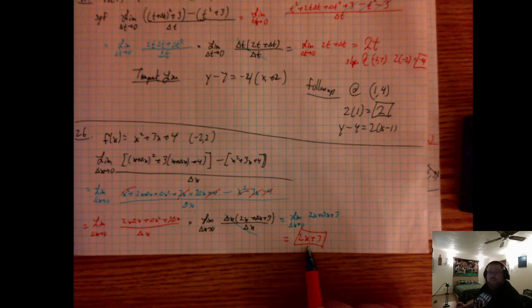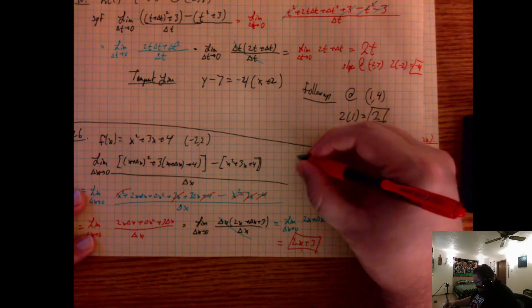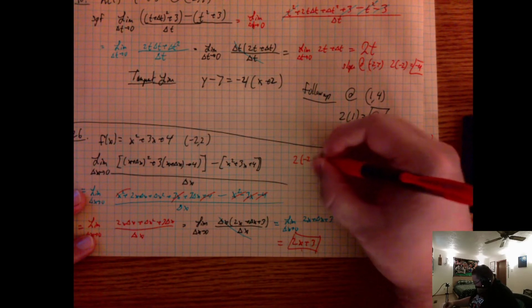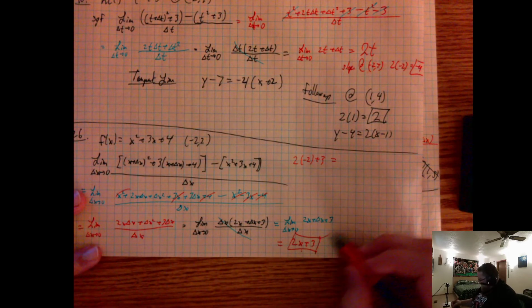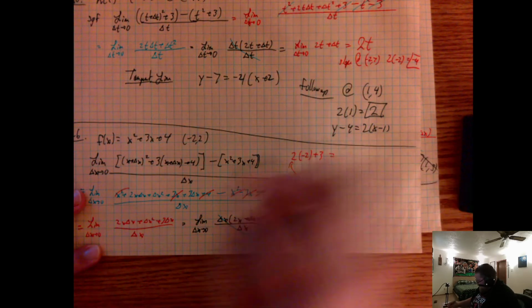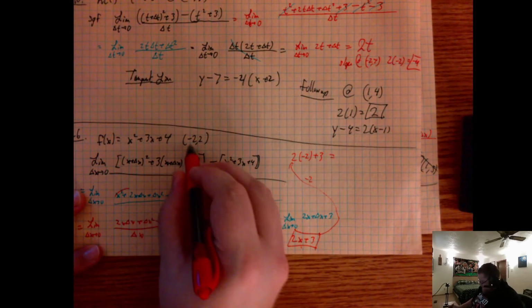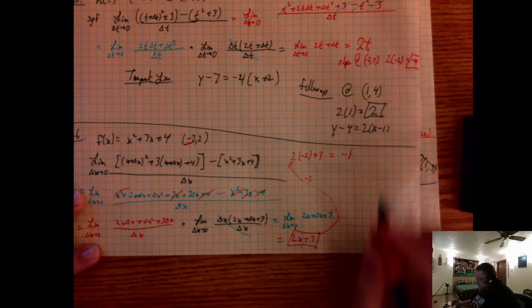So, this is my slope generating function. Let's find the actual slope. My point is at negative 2, 2. So I would take that negative 2 and plug it in: negative 2 times 2 plus 3. This is my slope generating function where I've plugged in negative 2, which came from my point. If I simplify that, I get a slope of negative 1.